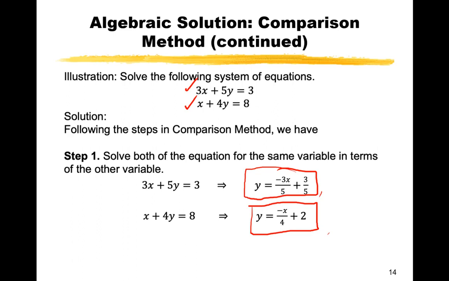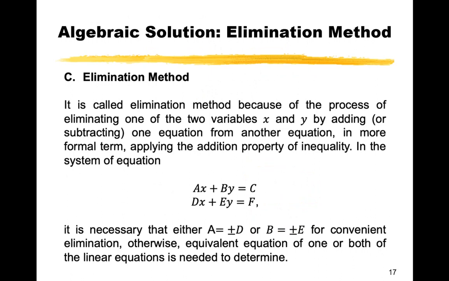We're done with the comparison method. Let's now proceed sa elimination method. From the term itself, elimination, we're trying to get rid of any of the two variables in order for us to solve for just one muna. Okay? Kung halimbawa, ang gusto nyo unahin na isolve ay yung variable na y, kailangan tanggalin nyo muna to.